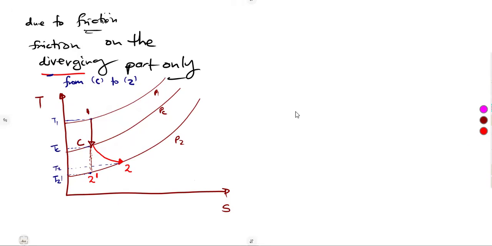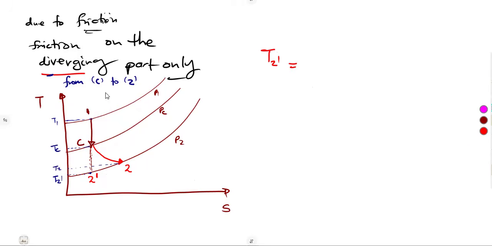So we can calculate this. It follows that T2 bar is the adiabatic one, because it's an adiabatic value. So it's the one that we take from the adiabatic expansion.